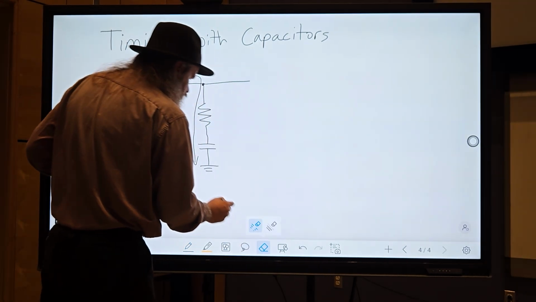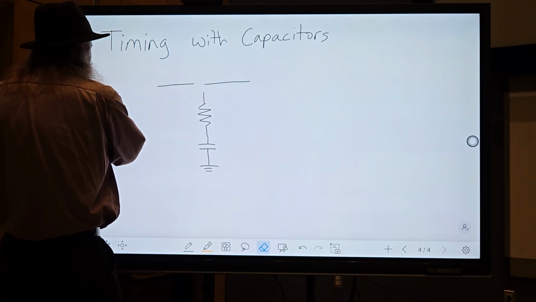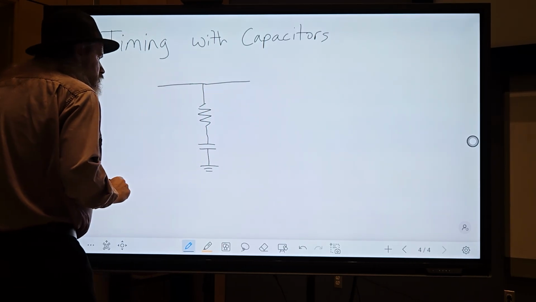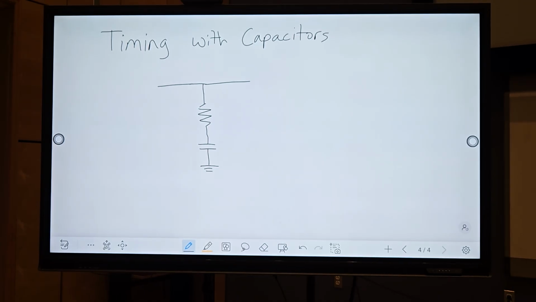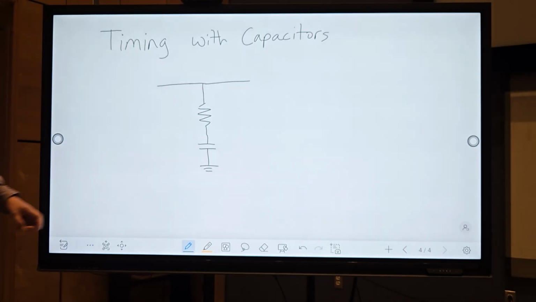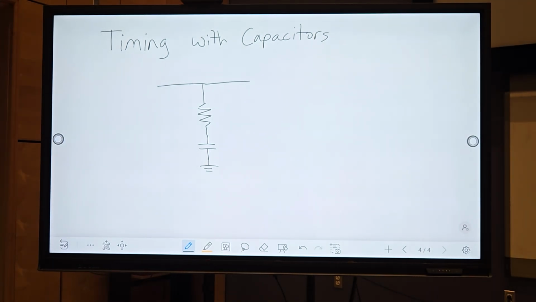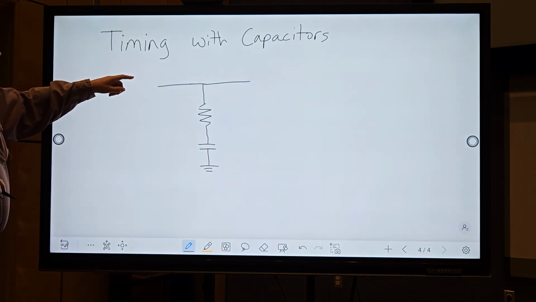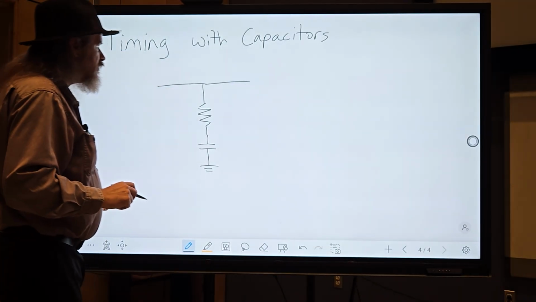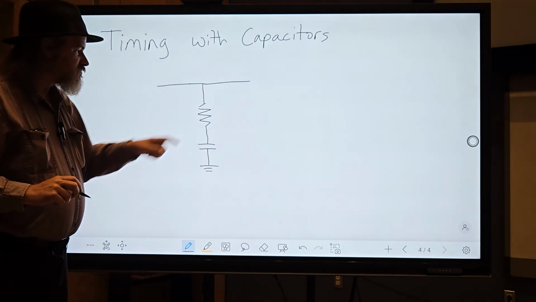I might be getting this backwards here. This will charge, putting a charge on this will cause the capacitor to charge, and then once it is charged, the circuit will continue flowing this direction.